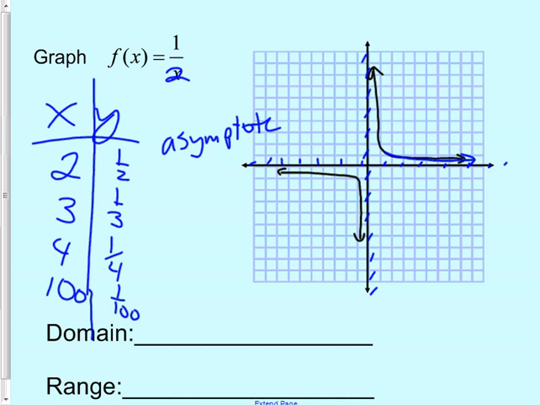So, again, if I put in like a negative 2 for x, then I get negative 1/2. And the same thing happens on the negative end of things. Here, it gets closer and closer and closer to 0. If you move this way, you'll get closer and closer and closer to 0, but you never touch 0.